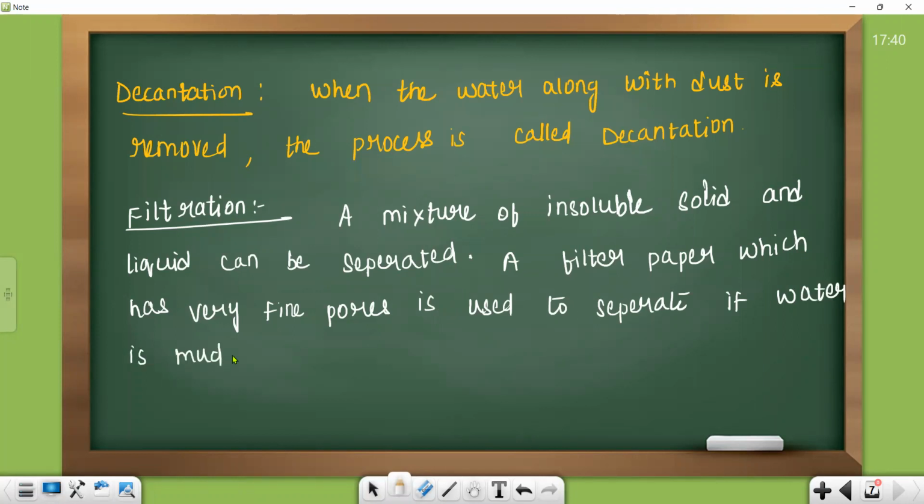So to separate mud from the water, you can use filter paper.